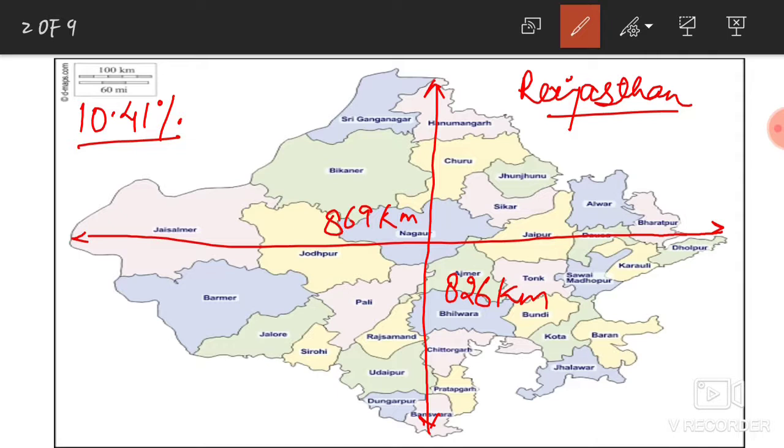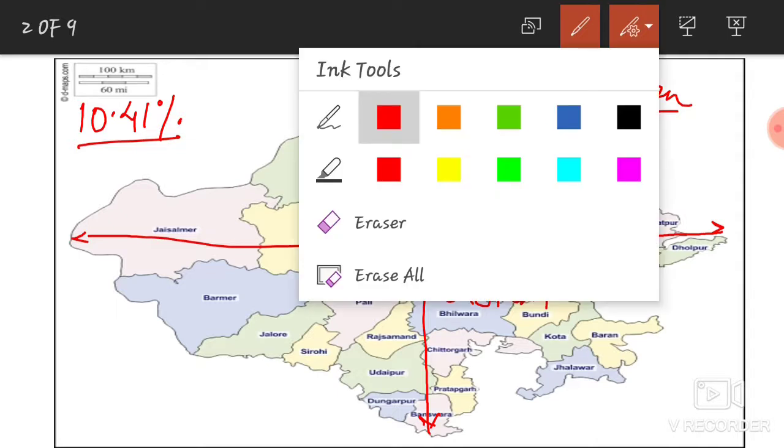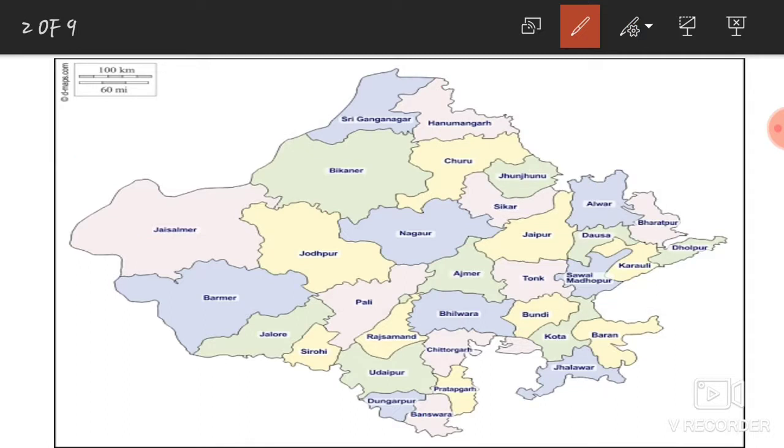Now we will be discussing the neighboring countries and neighboring states of Rajasthan. Pakistan is the only country that shares its boundary with Rajasthan. These two districts, Bikaner and Jaisalmer, share the minimum and maximum boundary with Pakistan.